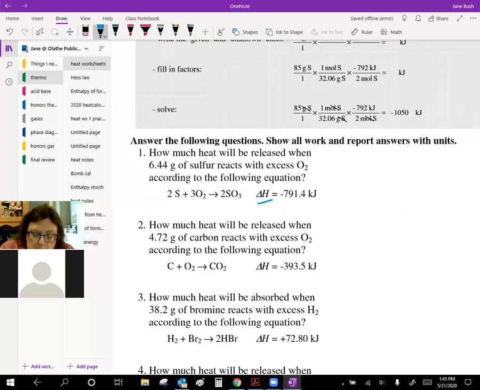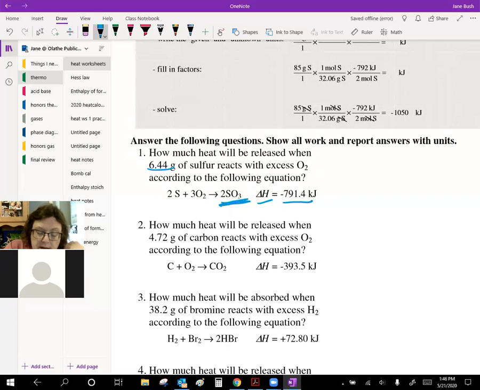It's also enthalpy of formation because we're making a sulfur trioxide, but we're making two of them, so it's not a heat of formation. But anyway, we know that if we make 2 sulfur trioxides, we're going to release 791.4 kilojoules of energy. If we start with 6.44 grams, how much will we release?